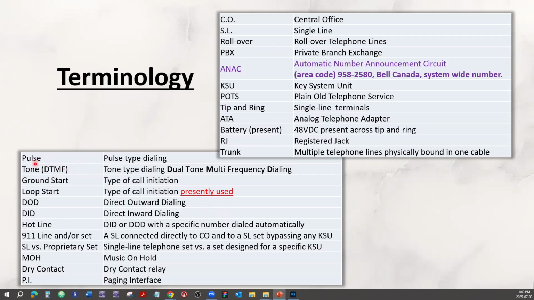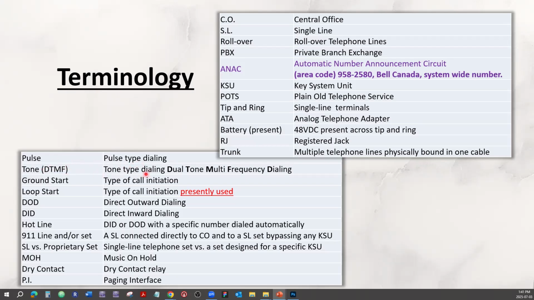Now, this pulse and tone dialing would be in the lines section of the programming structure of a phone system, as opposed to the sets, that means the telephone sets programming section. So this will be in the lines programming.